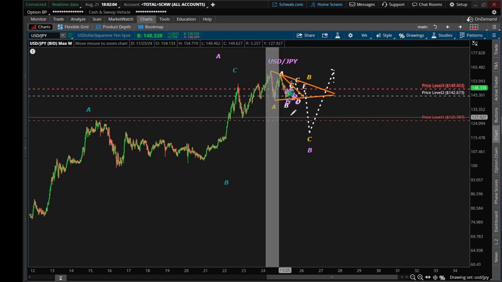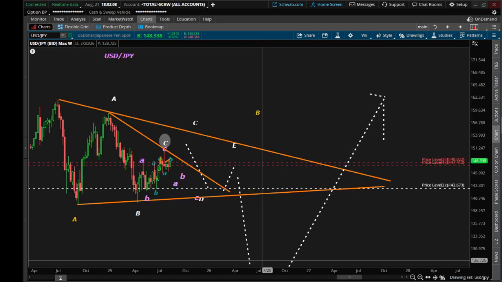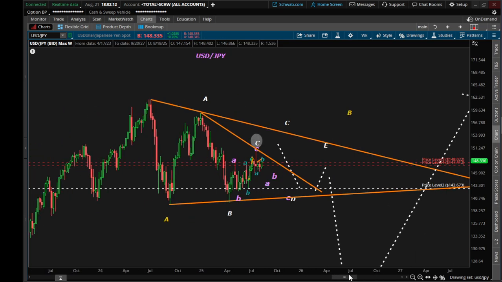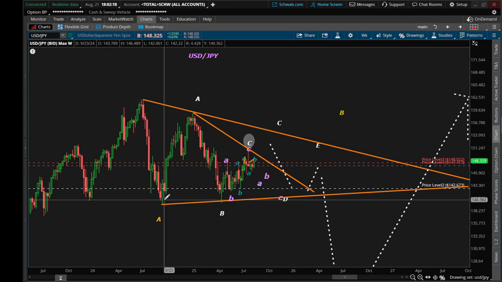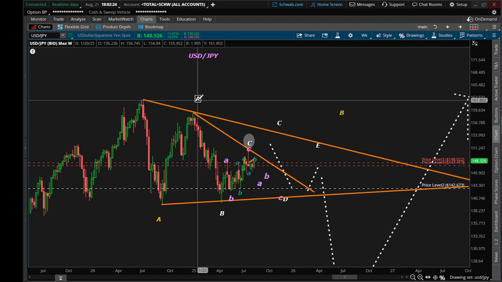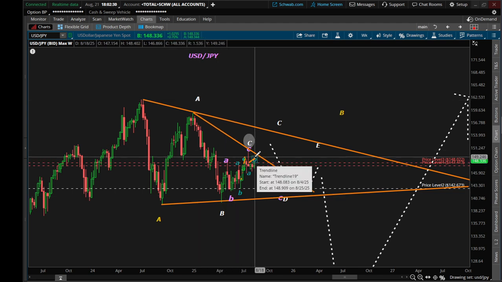So let's zoom in here, and we can see the triangle a little bit better. From July of 2024, we came down in a major A leg, and now we're moving sideways in this triangle. So we have a minor leg A up, B down, and the C is in question.